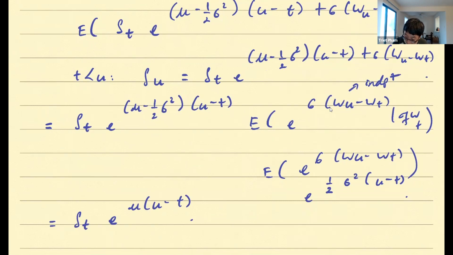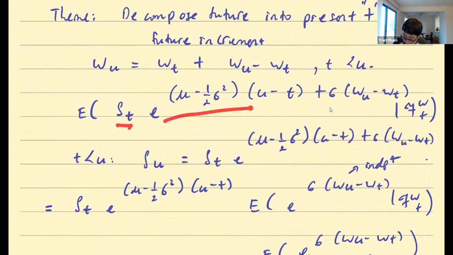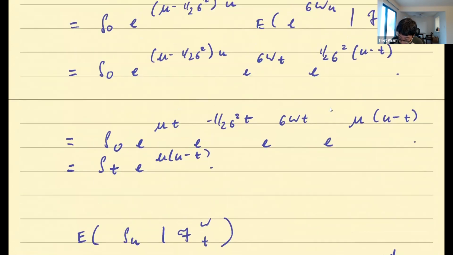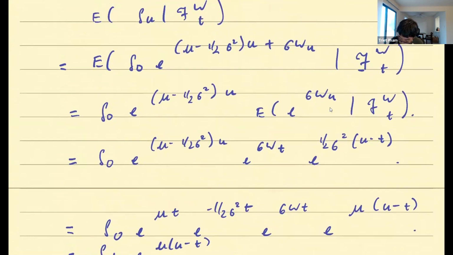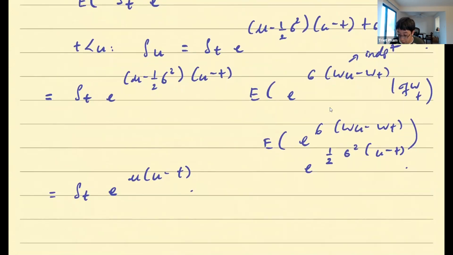So the point is, decomposing the future stock price as the current stock price times the movement is a more natural way to do it than decomposing the Brownian motion itself and then fiddling around with the stock. Any question on this? Is that okay? Sorry for the confusion.